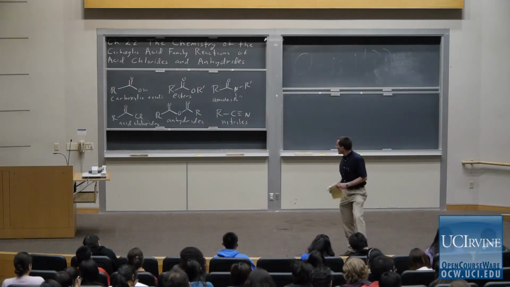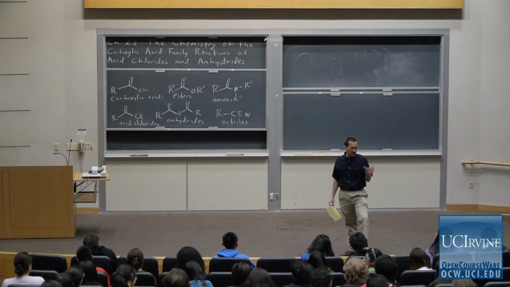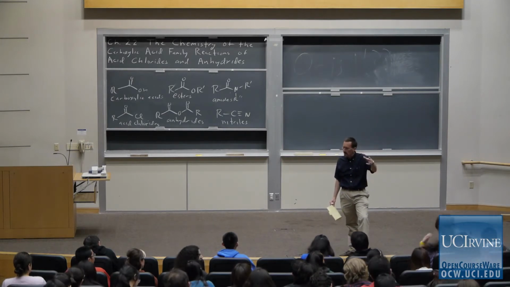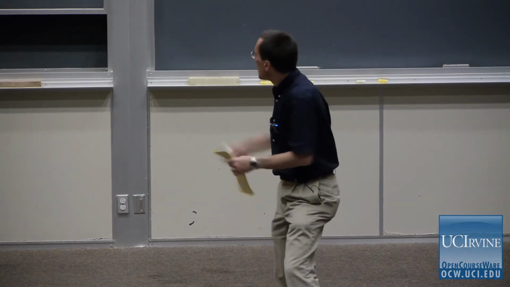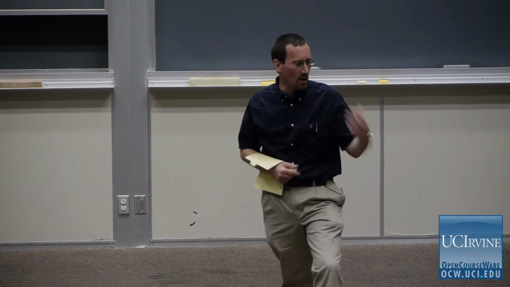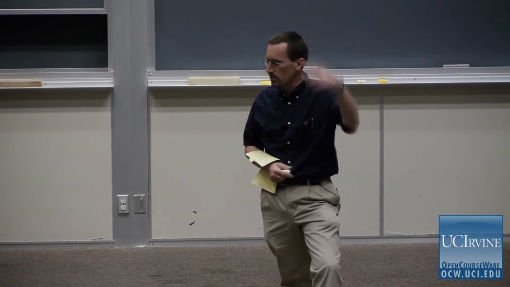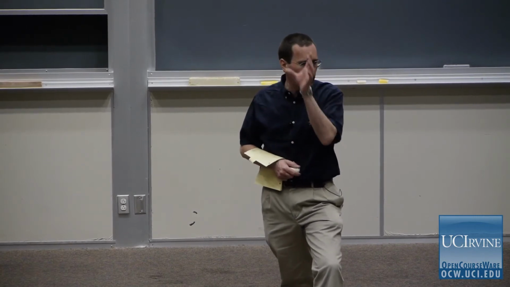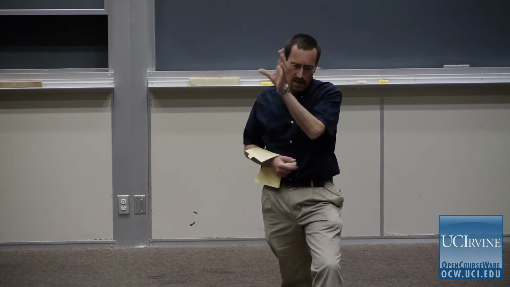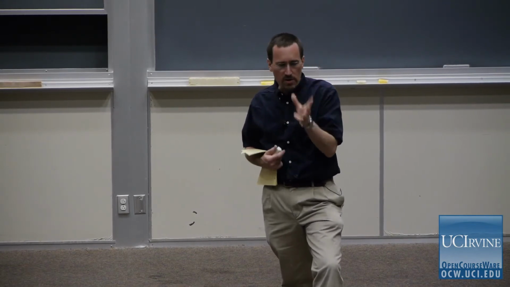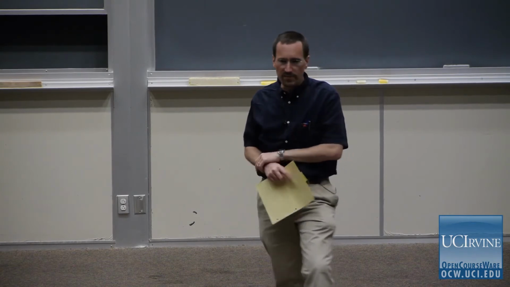And what is in common to all of these is that the oxidation state of the carbon atom is the same in all of these. And all of these family members are in the +3 oxidation state for that carbon. So even though a carboxylic acid, an ester, an acid chloride, and an anhydride have carbonyl groups, carbon double bonded to oxygen, and the nitrile obviously does not, there are many similarities in reactivity.